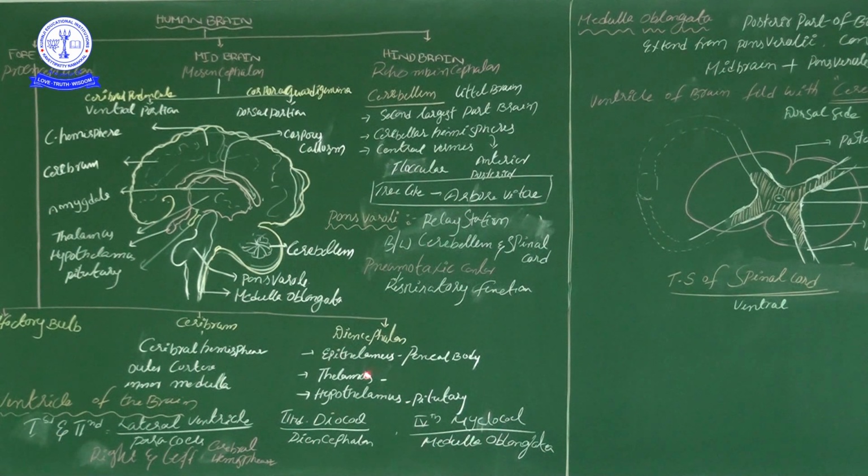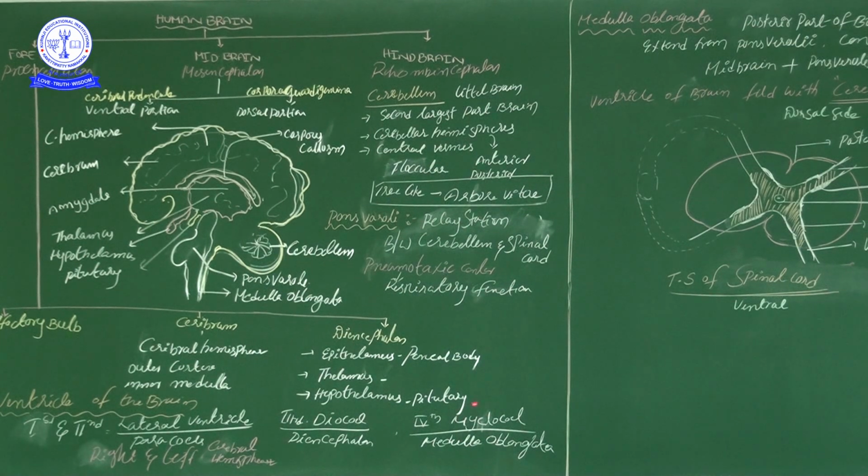The medulla oblongata is a hindbrain part, the rhombencephalon part. Correct. So of the four brain cavities, three are located in the forebrain, and one cavity is located in the medulla oblongata.